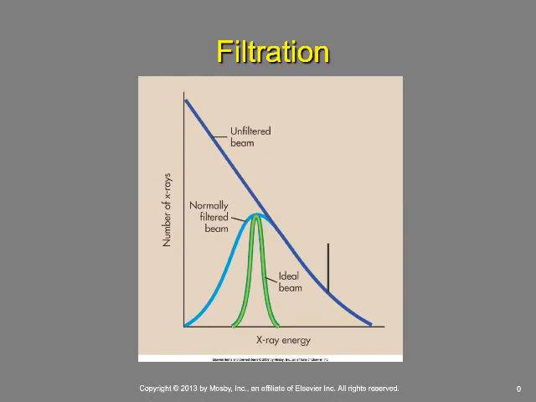So this graph is showing the number of X-rays on one side and the X-ray energy on the other. So over here at this X-ray energy, we have this number, right? We've said that the ideal beam is the one that has a very narrow spectrum. So it is this rainbow here, right?